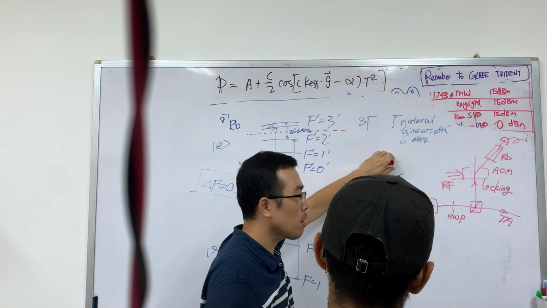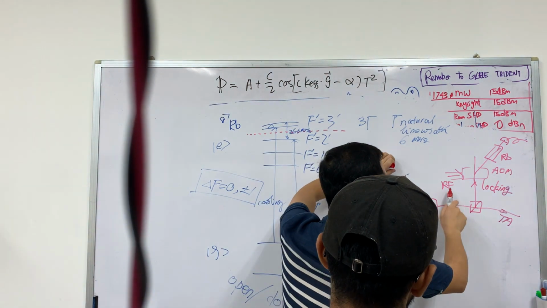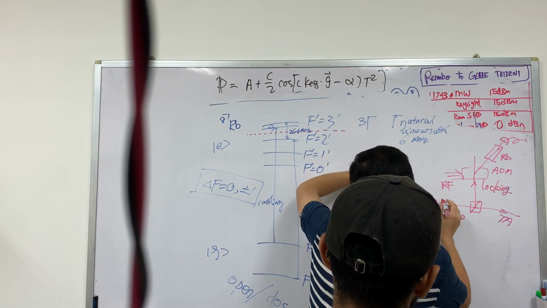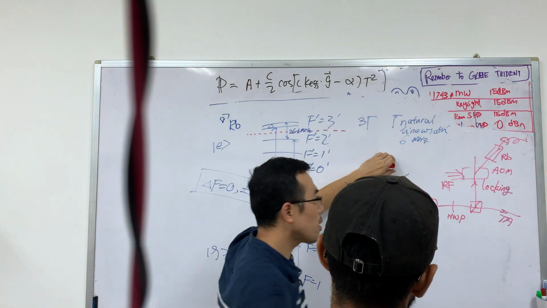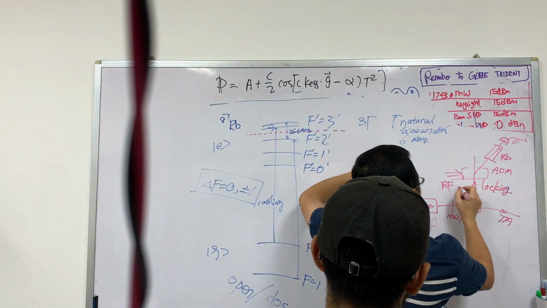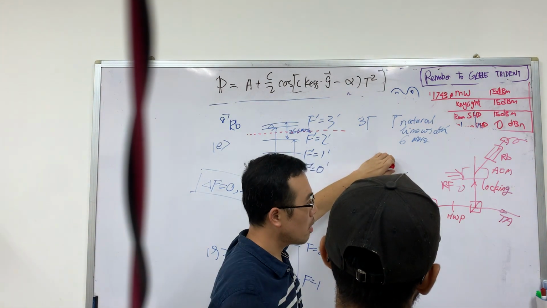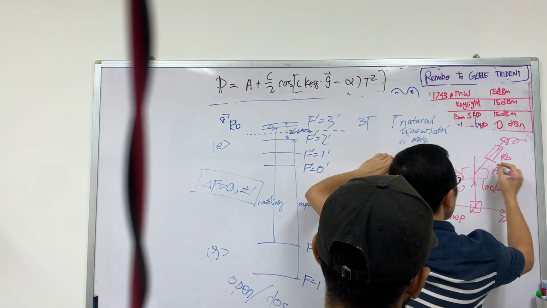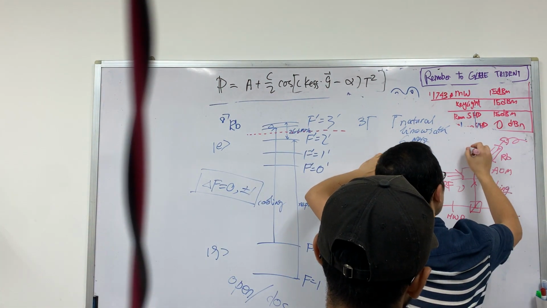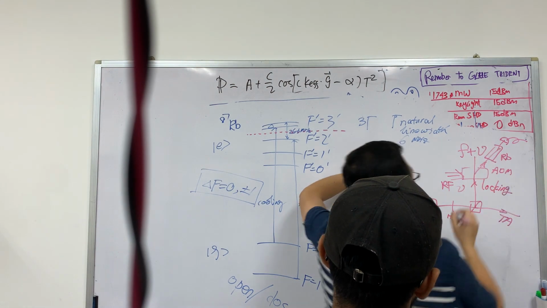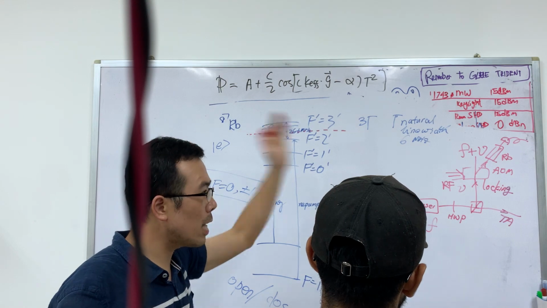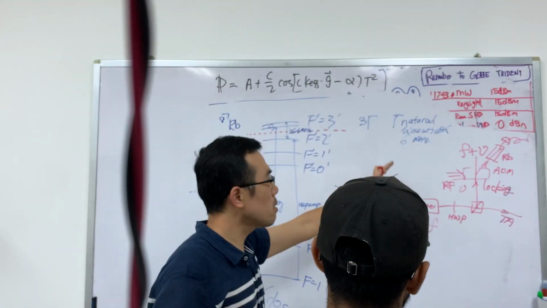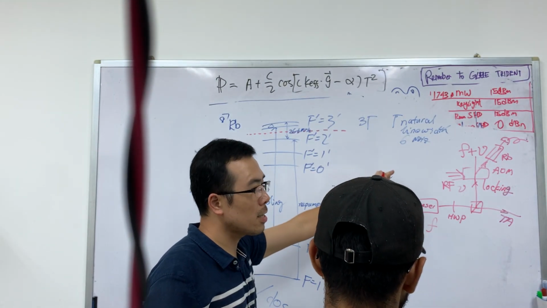Now it is a trick. Let's say the laser frequency is F. RF is mu. Then this frequency is what? F plus mu. F plus mu is on resonance with the atomic transition.